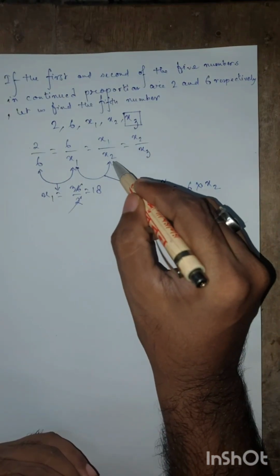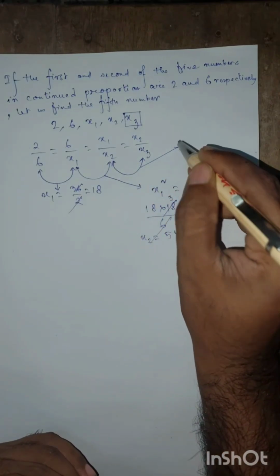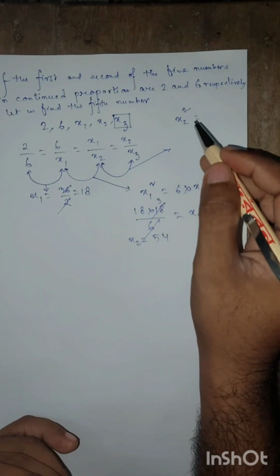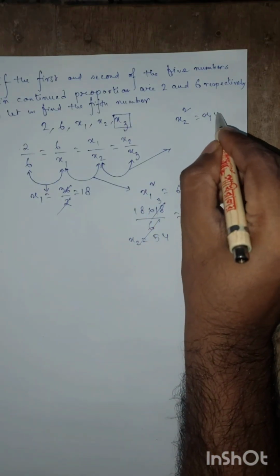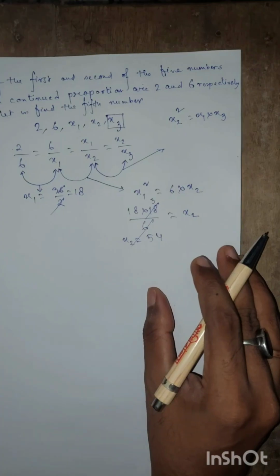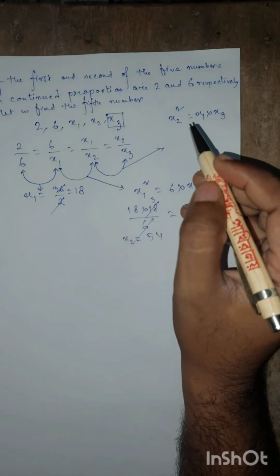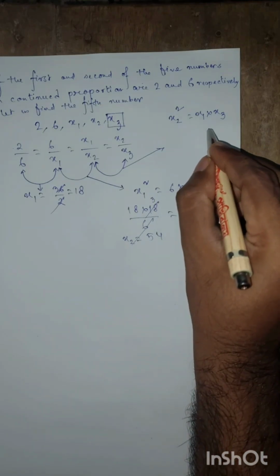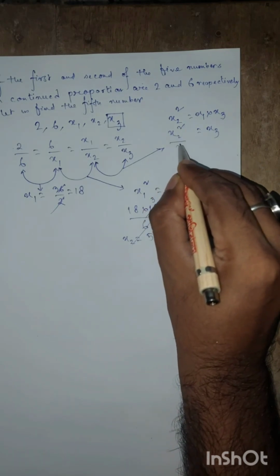Now if we relate these two quantities, we can say x2 square is equal to x1 into x3. Now x3 is equal to x2 square by x1.